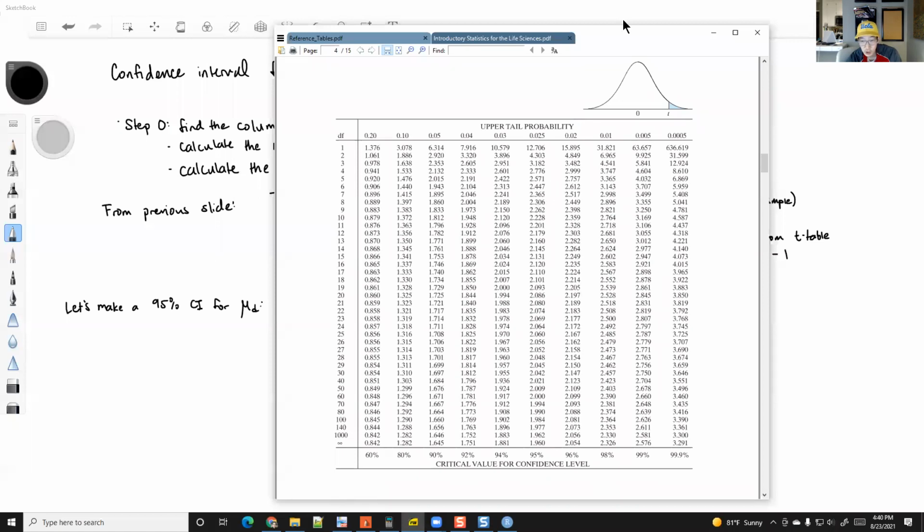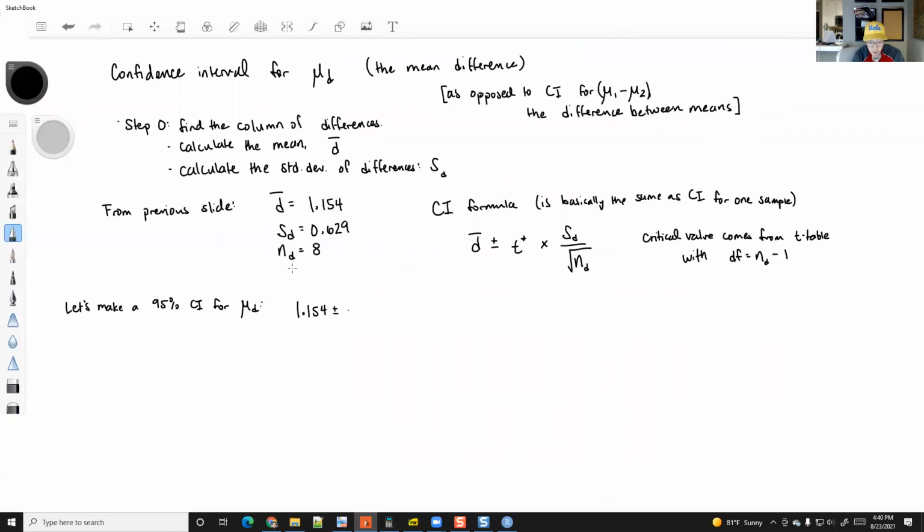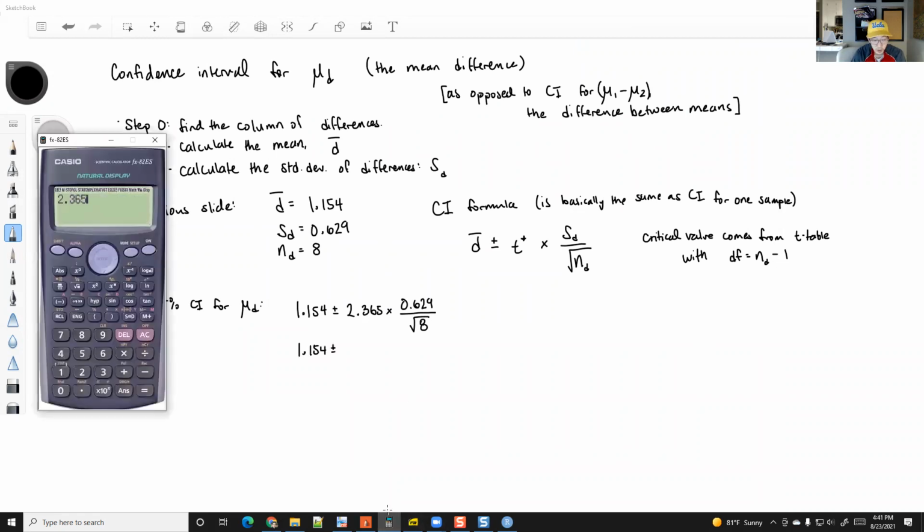The critical value is 2.365, times 0.629 divided by the square root of 8. Let's punch this in: 2.365 times 0.629 divided by the square root of 8. We'll get 0.526.